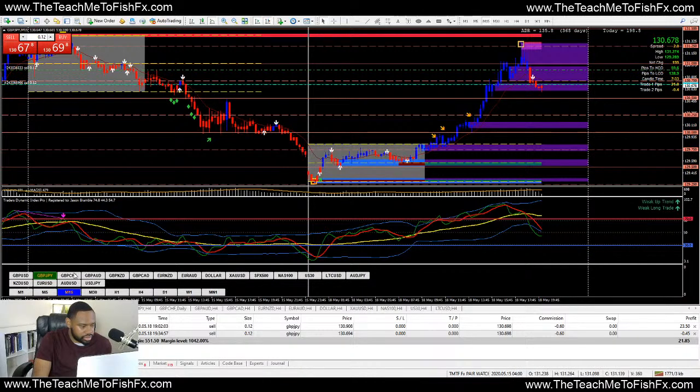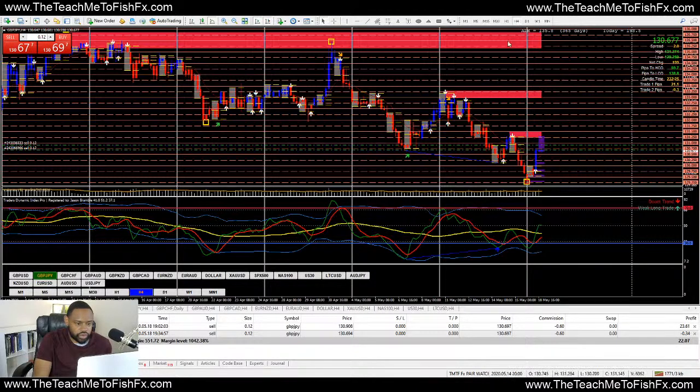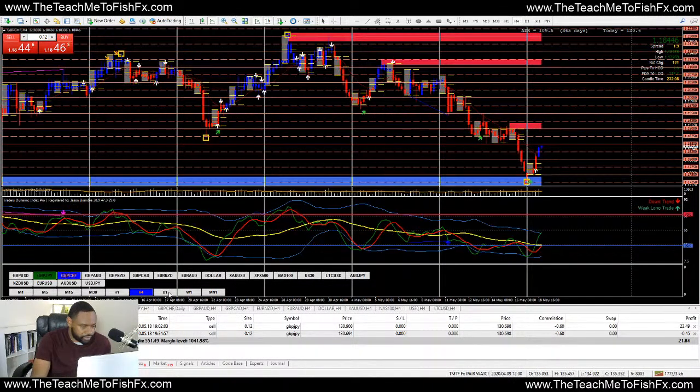All right. Let's jump back to the 4 hour. If you guys are looking for a long-term trade, I don't recommend counter trend trading if you are a beginner. But let's take a look at G Swiss. G Swiss, same setup.